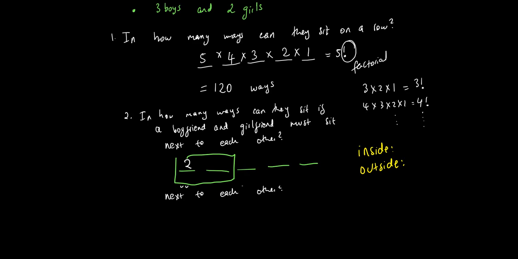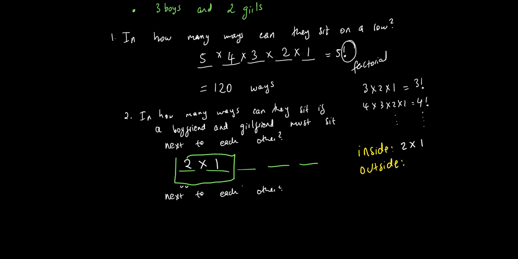So I have 2 options. If the boyfriend is sitting here, then the girlfriend will sit there. If the girlfriend is sitting here, the boyfriend will sit there. So for the last seat, I'm going to have 1 option. You see, that is inside. So inside you have 2 multiplied by 1, inside the box, whereby they are sitting next to each other.